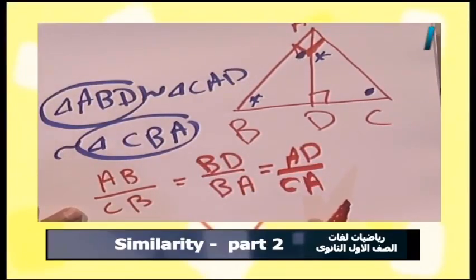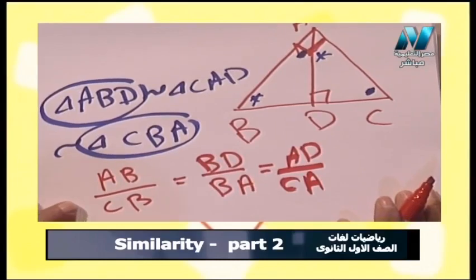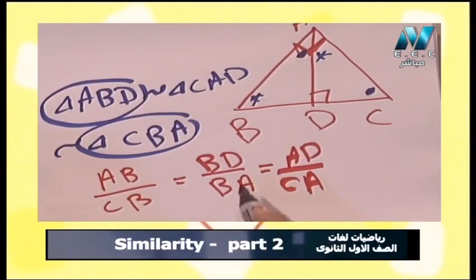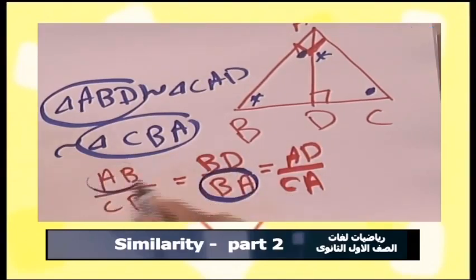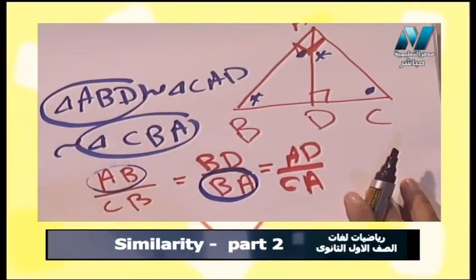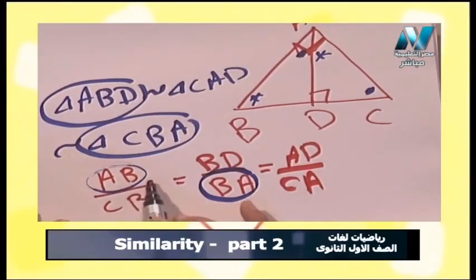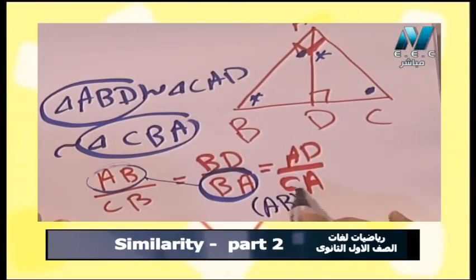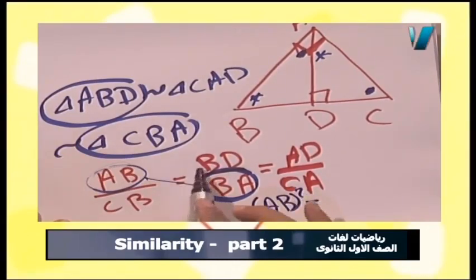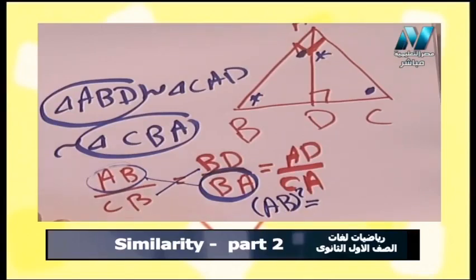Try to find out the similar ones here. We have AB repeated, BA twice. So AB times AB will be AB power 2, equals BD times CB.